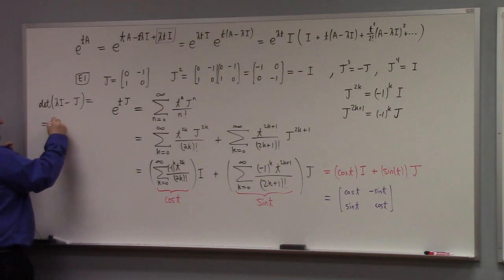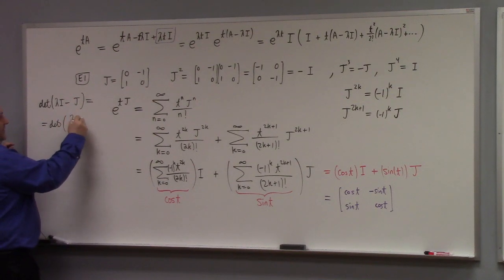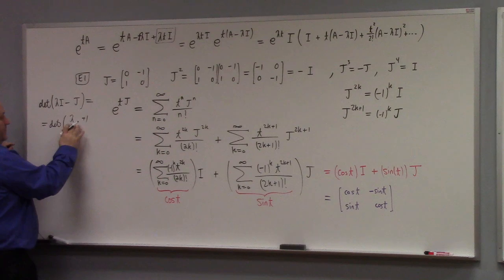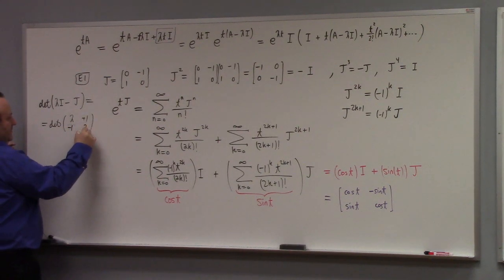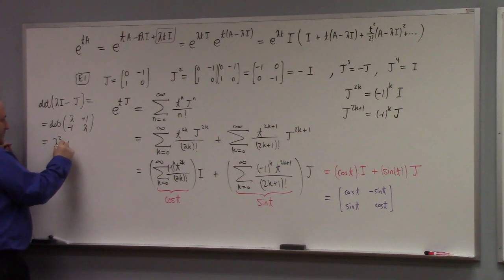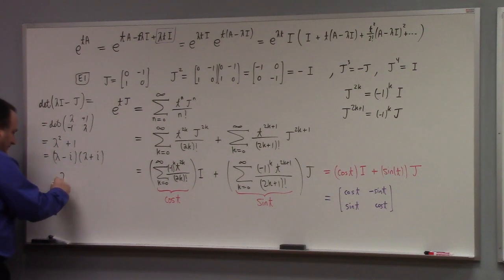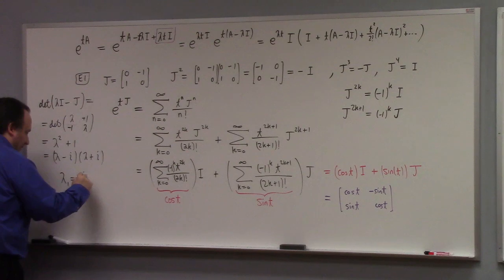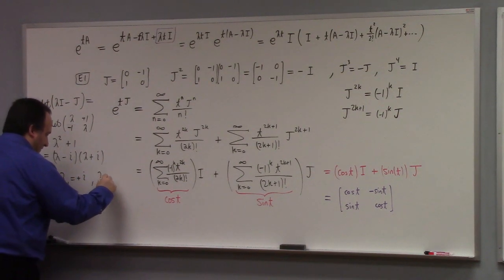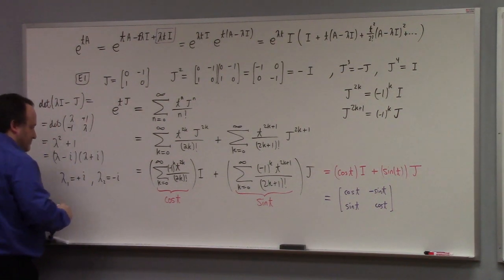We're talking about the determinant of lambda, minus 1, I guess that's a plus 1, isn't it? Minus 1, lambda, also known as lambda squared plus 1, also known as lambda minus i times lambda plus i. As you can see, the eigenvalues here are very much not real. So lambda 1 is, let's say, i, and lambda 2 is minus i, right?